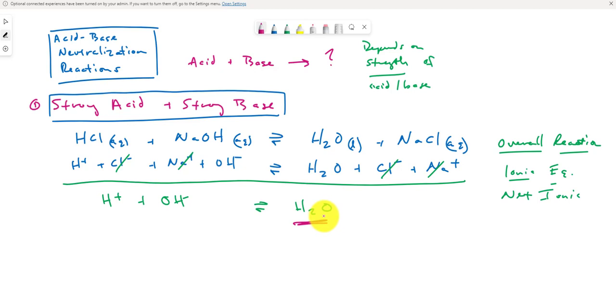And if the question is, well, then what is the pH of that system? We should know that if this is what is produced, pure water, what is the pH of pure water? Well, we can think about it in terms of the autodissociation of water.